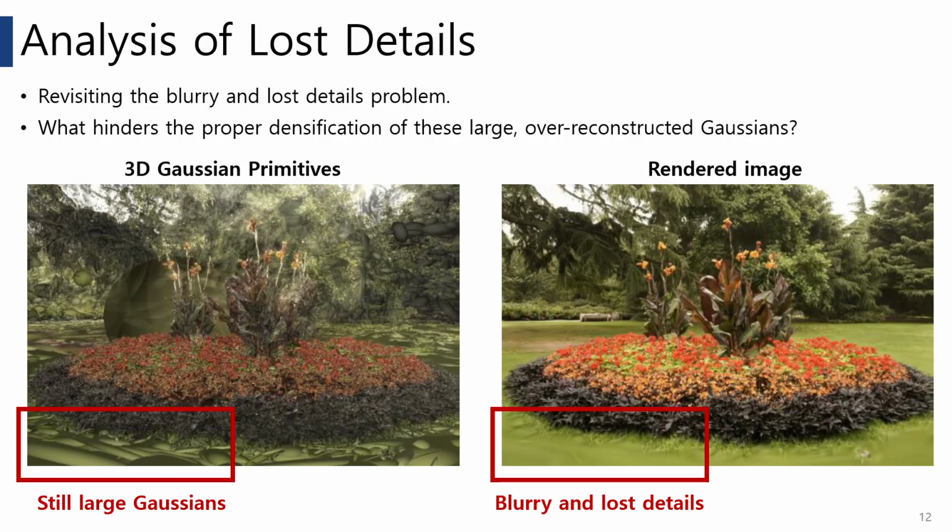If we focus on the highlighted regions, we can observe that in areas where the rendered image shows blurriness and lost details, the underlying Gaussian primitives are often still quite large. This suggests that the ADC process might not be effectively refining or splitting these large Gaussians in problematic regions. So the fundamental question is, what hinders the proper densification of these large, over-reconstructed Gaussians?